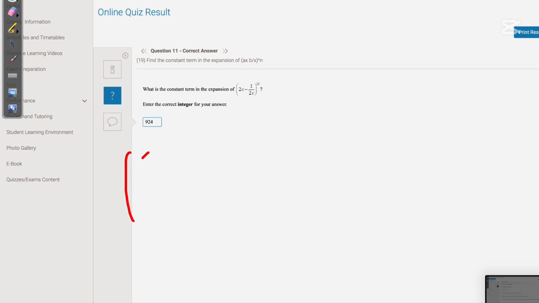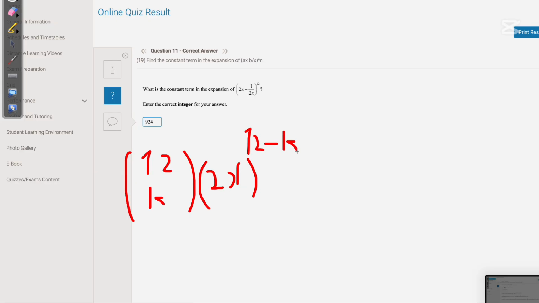So 12ck again, 2x to the power of 12 minus k, and we're going to split the 1 over 2, like get negative 1 over 2x, 1 over x times negative 2 to the power of negative k, times x to the power of negative k as well, since we took it out of the denominator.